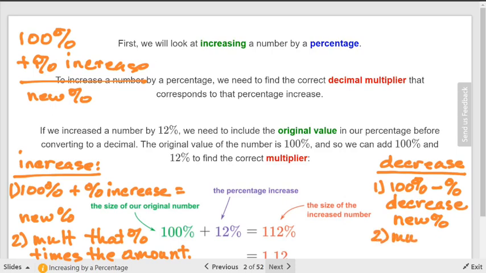And then, of course, multiply that percent times the amount. So your job is to know, am I increasing it or decreasing it, so that I know whether I need to add or subtract. That's the big deal here.